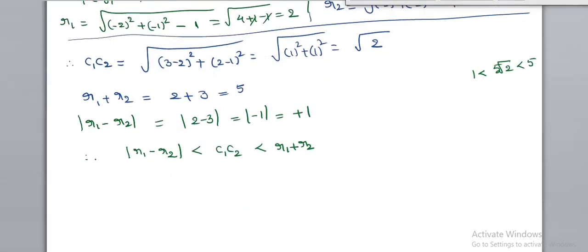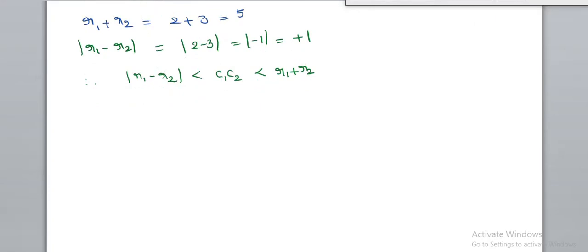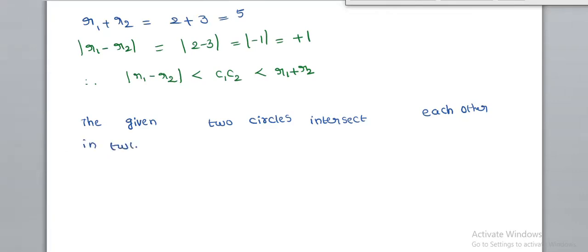Okay, write down. What does this condition represent? Find the number of tangents. The given two circles intersect each other in 2 points.